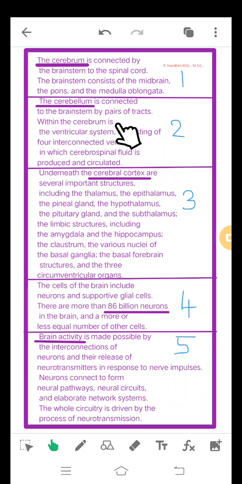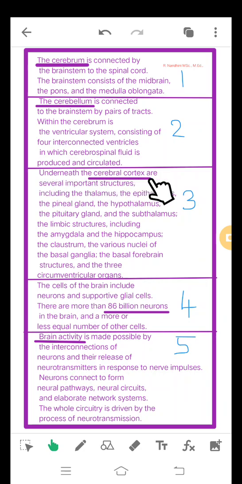Within the cerebrum is the ventricular system consisting of 4 interconnected ventricles in which cerebrospinal fluid is produced and circulated. Then the third point is an important point.